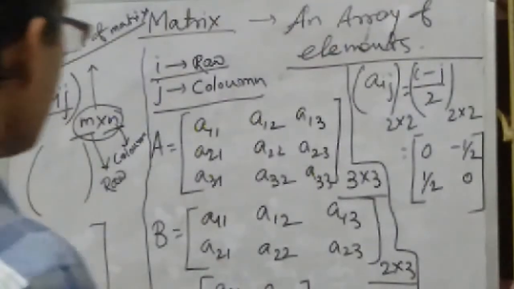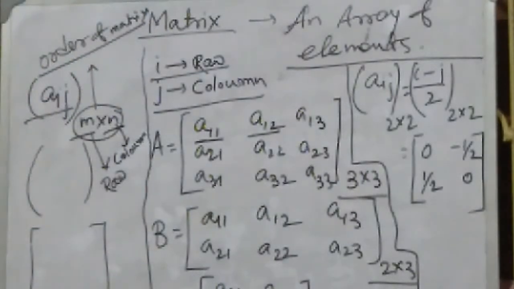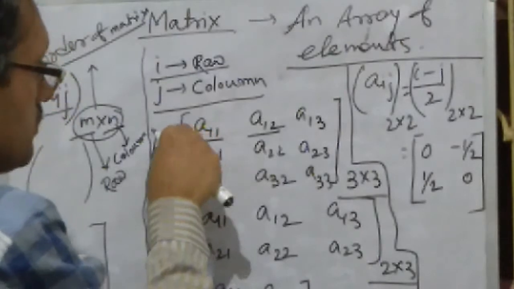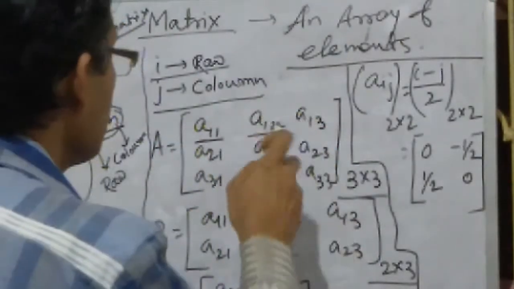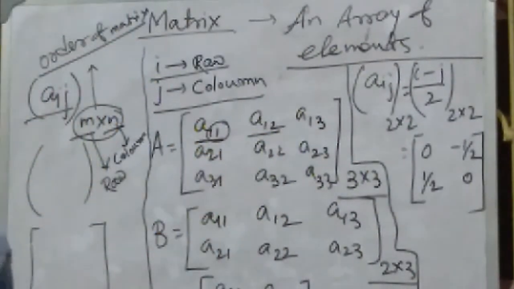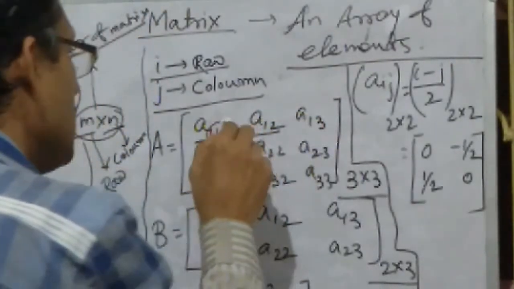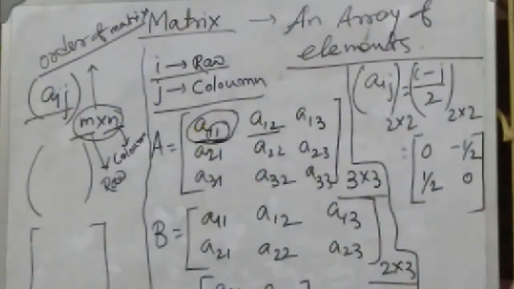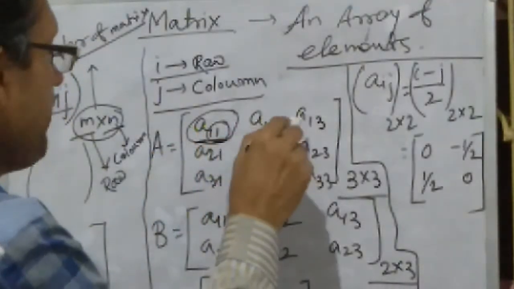Now what are these, A11, A12? It is written first row, first column; first row, second column; first row, third column. So these are the positions of the matrix elements, and as a whole this is the value of that positional element. That's why it is A11, A12, A13.